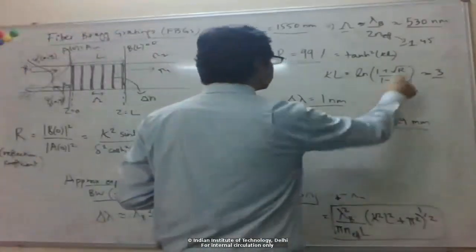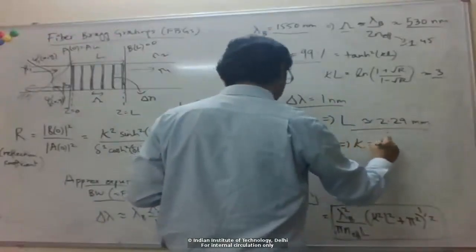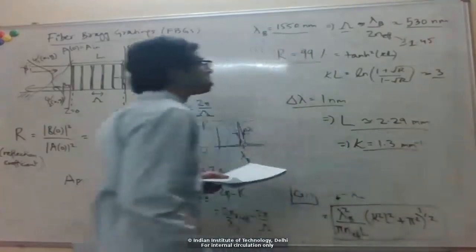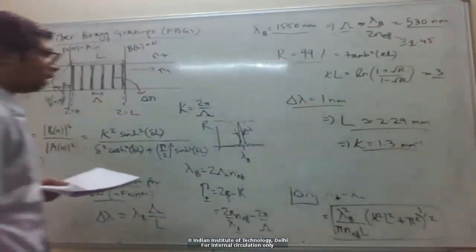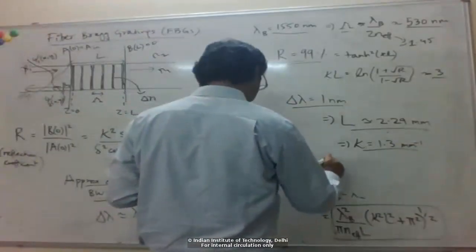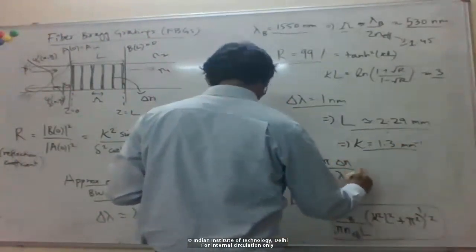Again, kappa L is 3, so from here we get that the coupling coefficient needs to be about 1.3 per millimeter. And again, this coupling coefficient basically just depended on the refractive index change.